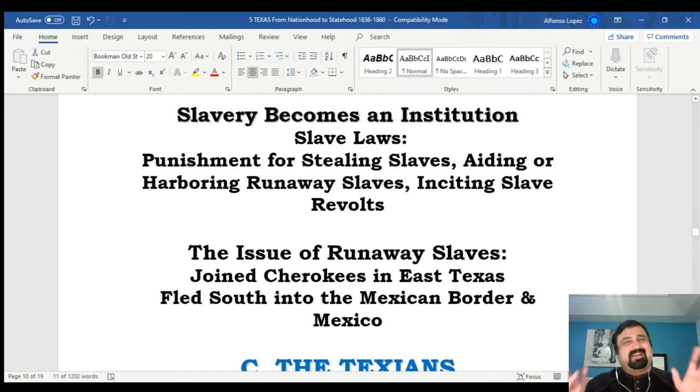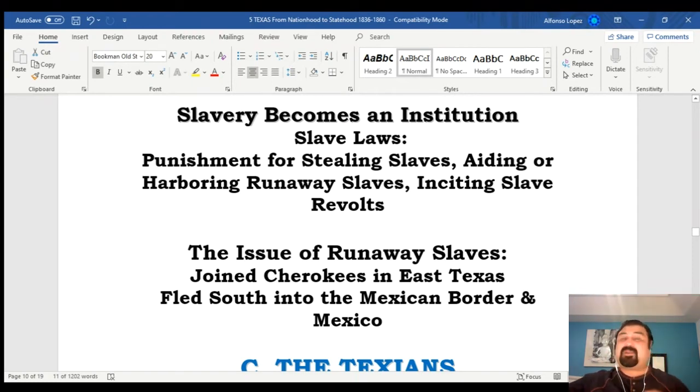For example, in the Texas Republic, what we see is that slaves, according to the slave laws that were introduced during this time, made it very clear that they were first and foremost a form of property. We talked about that in the beginning of this topic.